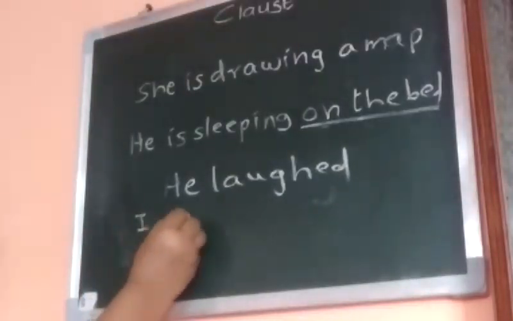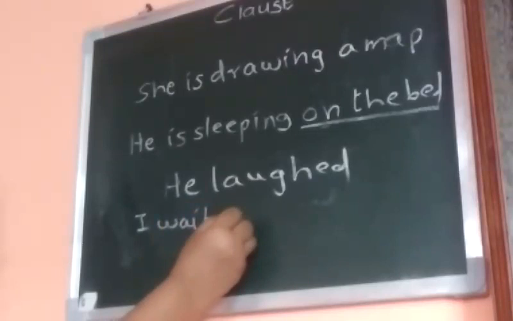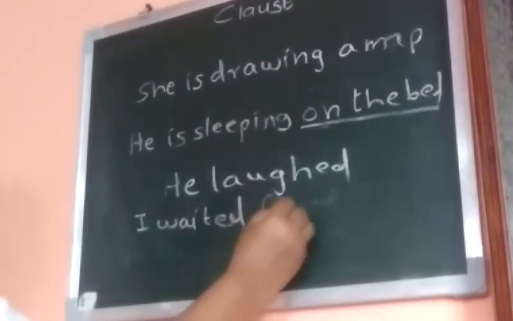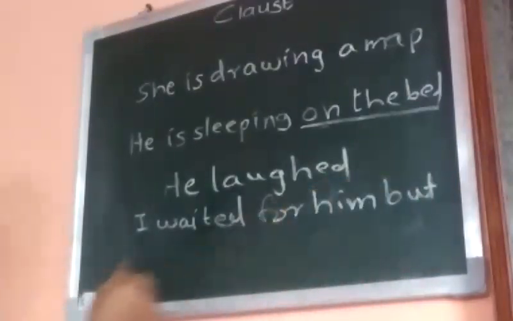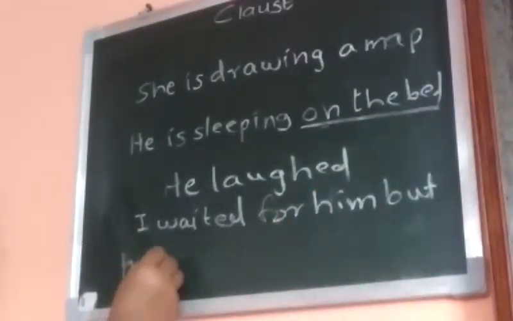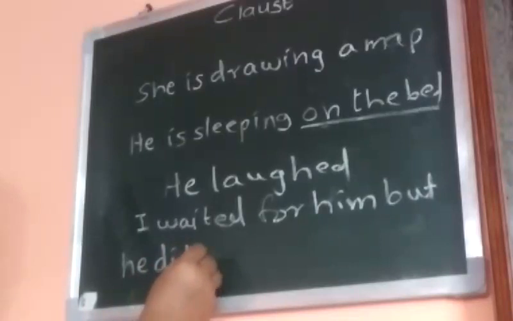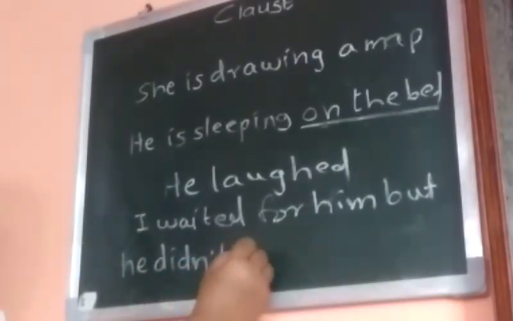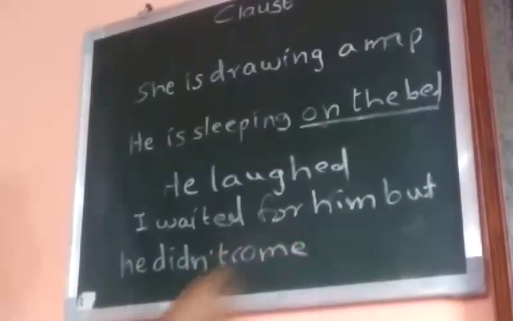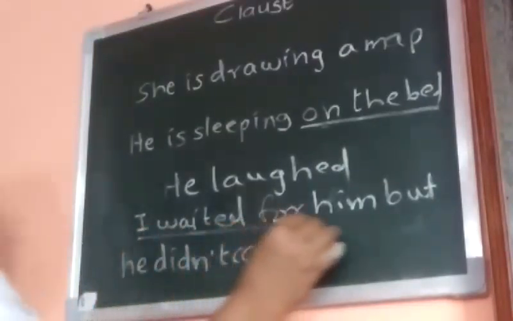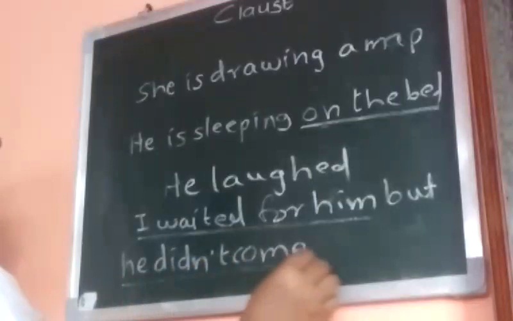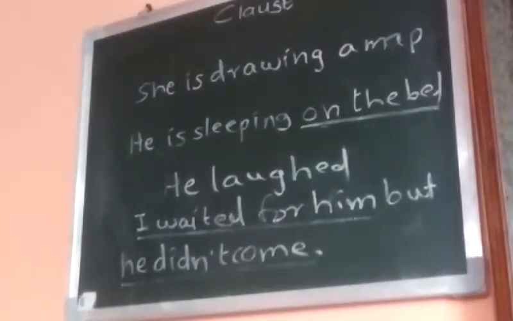I waited for him, but he didn't come. This sentence contains two clauses. Note down all these examples in your notebook also.